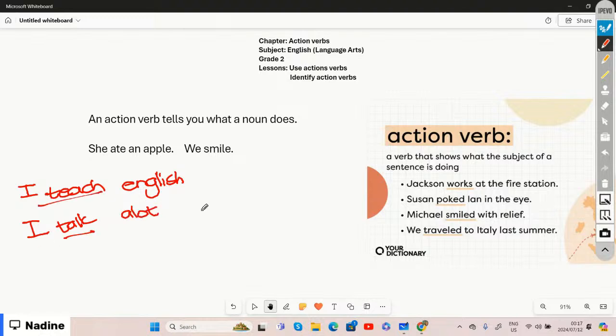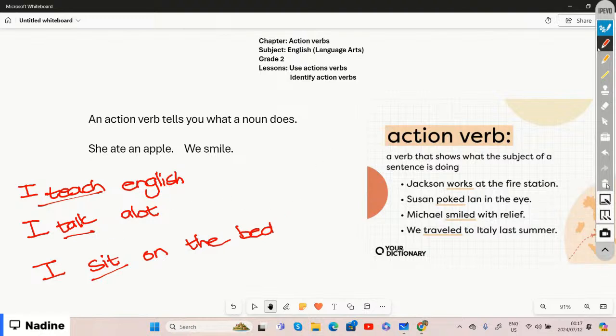Teach, talk, right? I sit on the bed, or I am sitting on the bed. Or let's just say I sit on the bed. These are a few things that I am doing.